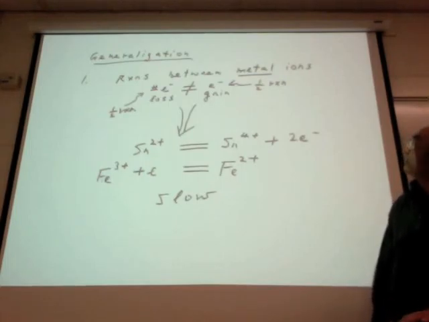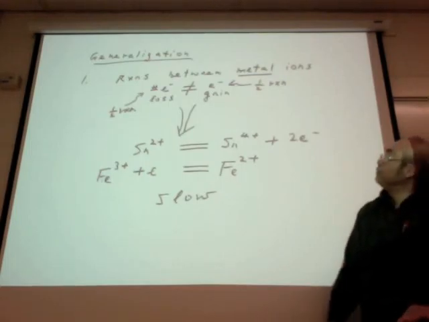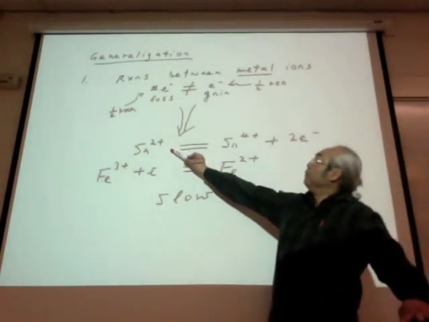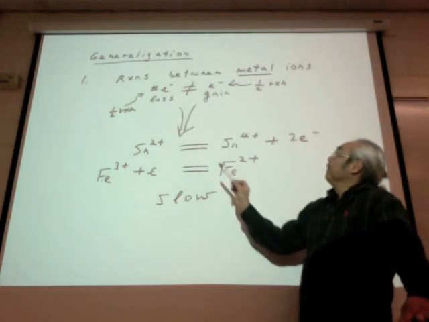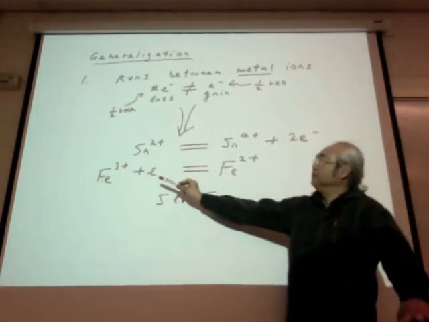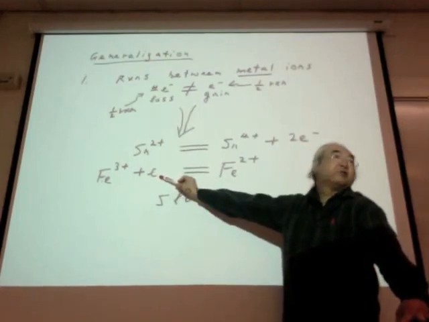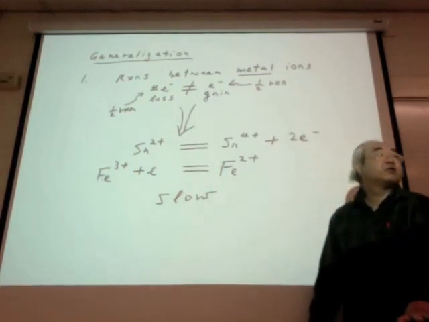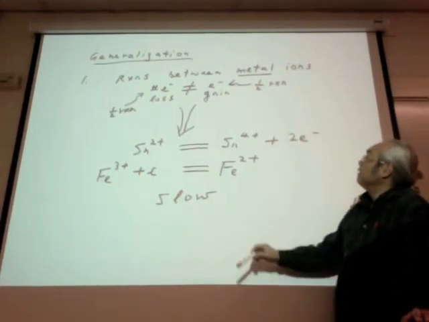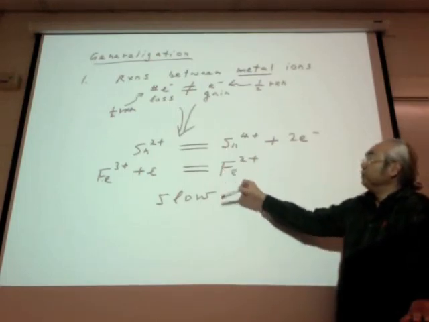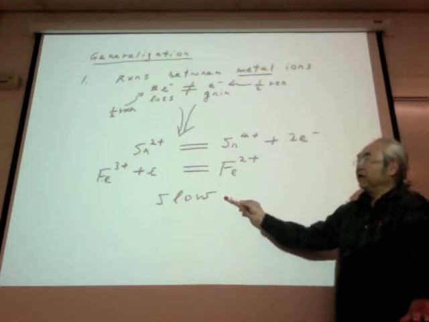As demonstrated in the half reactions, if you look at this one, there are two electrons transferred, and this one is one electron transferred. So obviously you're seeing an uneven number of electrons transferred, and the combination between the two for the redox reaction is going to be slow.